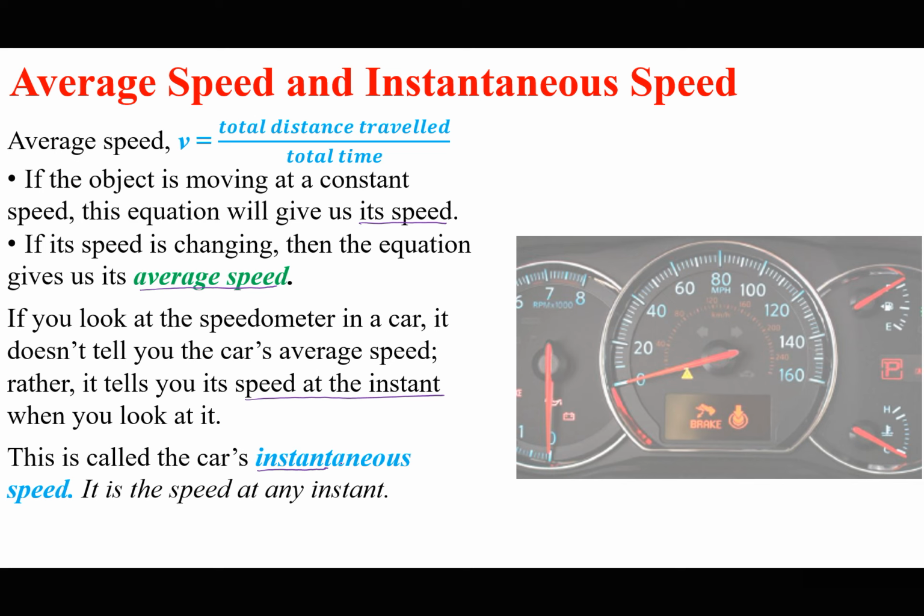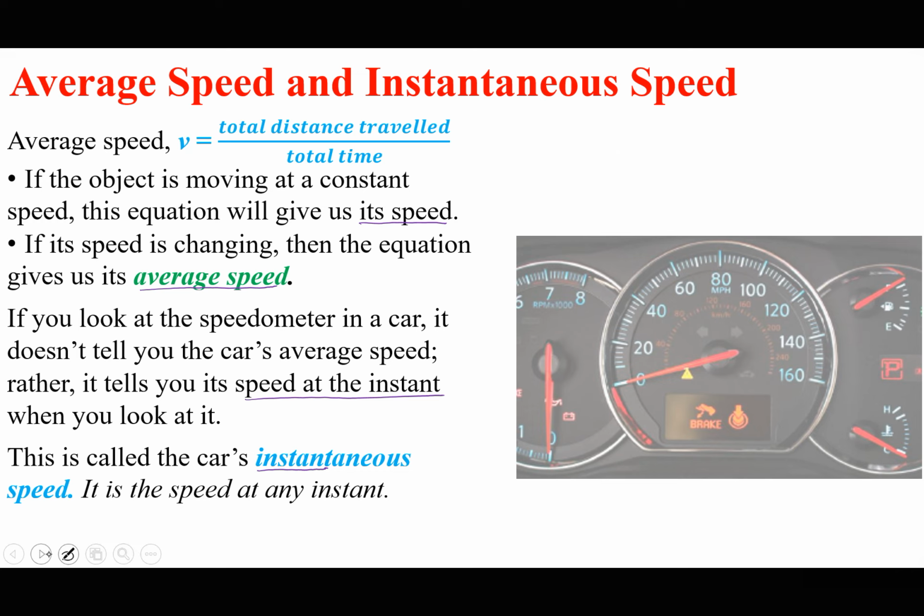Of course, the top speed could be very high and the minimum speed could be very low, but the average speed for the whole journey will simply be the total distance covered divided by the time taken for the whole journey. Yet for the instantaneous speed, you just look at the speedometer to see the speed at that particular time. That's the difference between average speed and instantaneous speed.